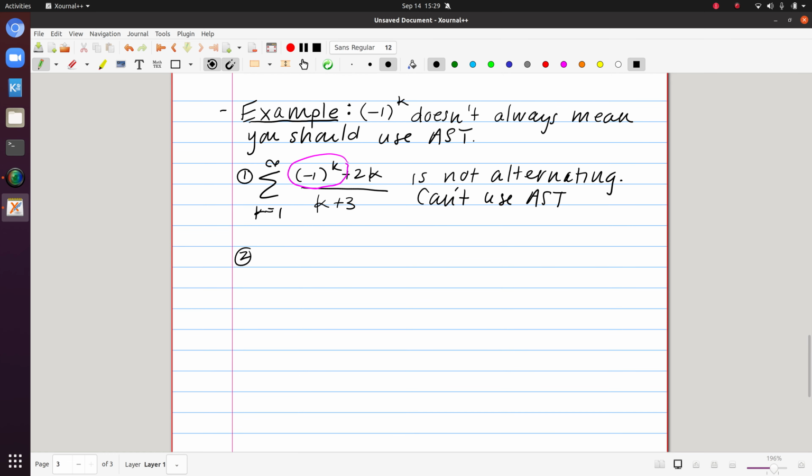If I also have something like the sum from 1 to infinity of (-1)^k/2^k, this is alternating. So it would be completely justified to use the alternating series test. However, that doesn't mean that you have to use the alternating series test. Notice that this is also the same thing as (-1/2)^k for these terms. This is geometric.